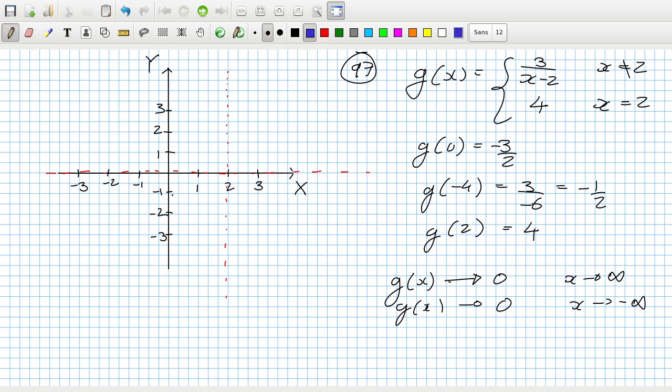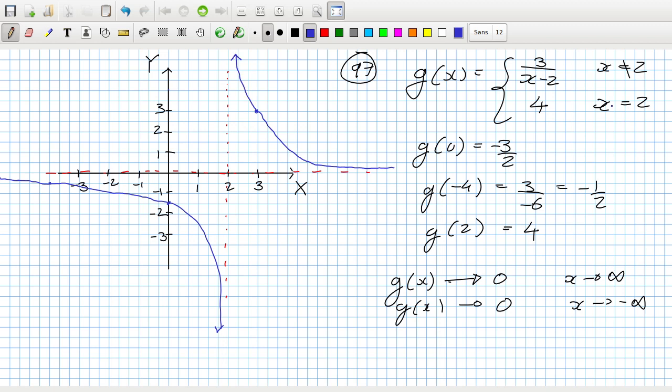Okay, so now I just put the points back in. So 0 is like here, and then minus 4 was like here, and it's coming from that horizontal asymptote and then down it goes. And then what did we say 3 was? Is 3. So then it's coming away like this here. Shoots up there.